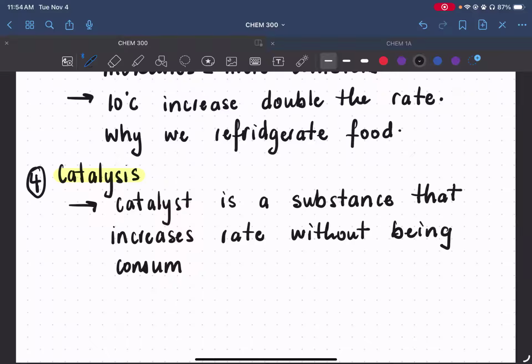What do I mean by it isn't being consumed? It means it is used and recycled.